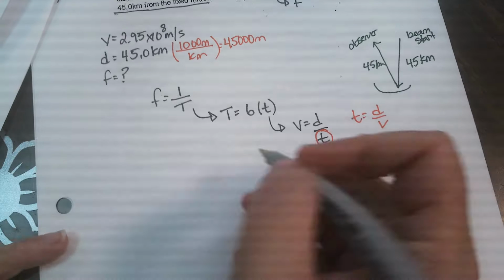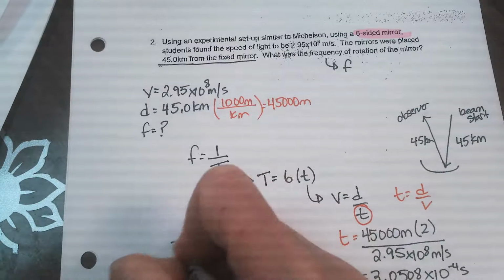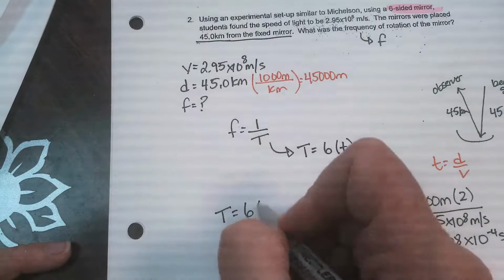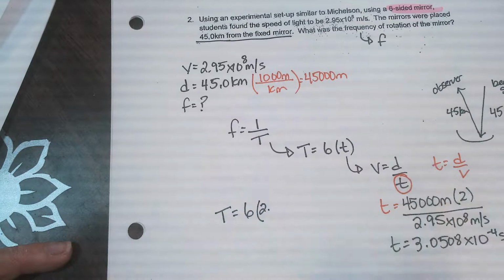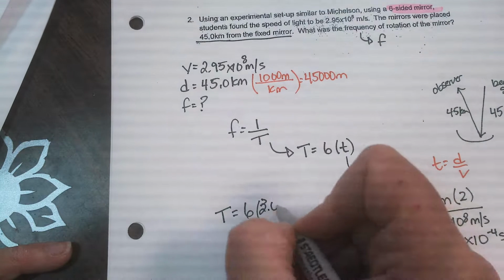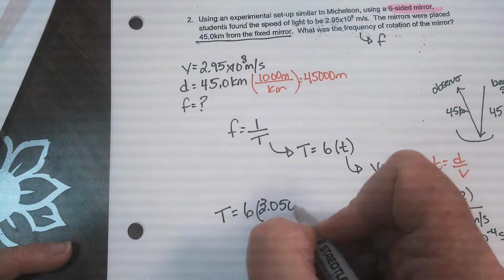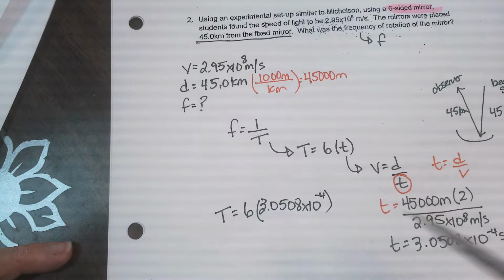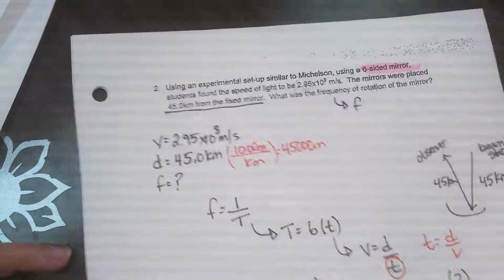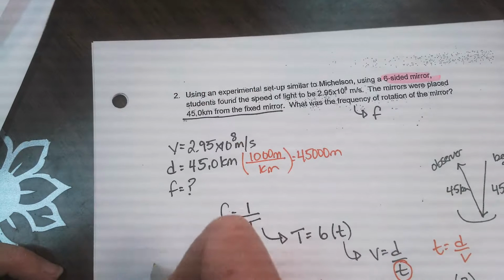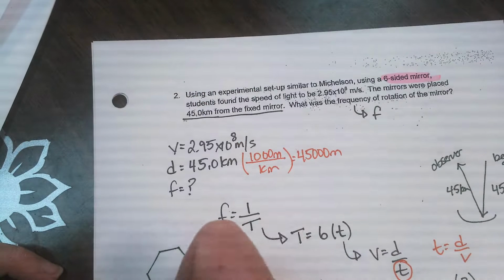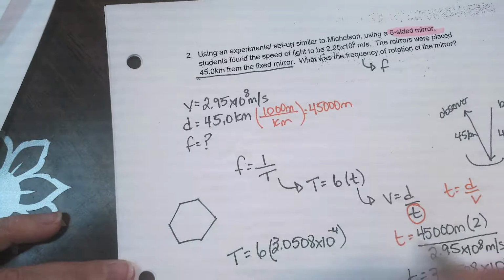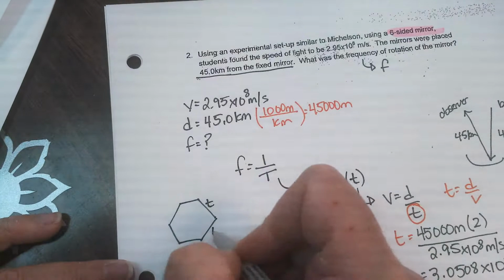Once I have that, I can figure out the period. So period is equal to, it's six-sided, so 6 times what it takes to do one flip of the mirror. Because what's actually happening is you have your six-sided mirror, and that T is here and T is there.